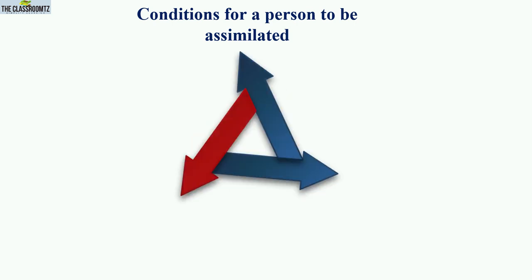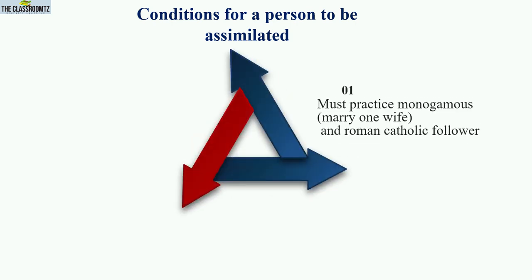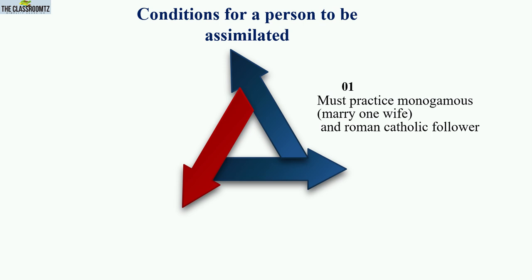So the assimilation policy wanted Africans to look like the French. Then the French government created some conditions for those who wanted to become Frenchmen. These were the conditions for someone to be assimilated. Number 1, must practice monogamy.